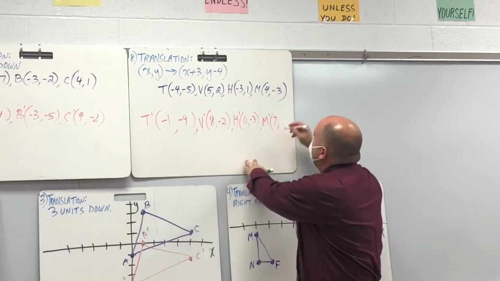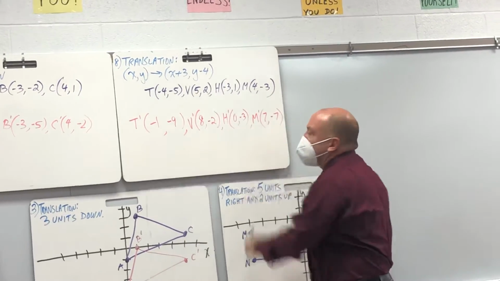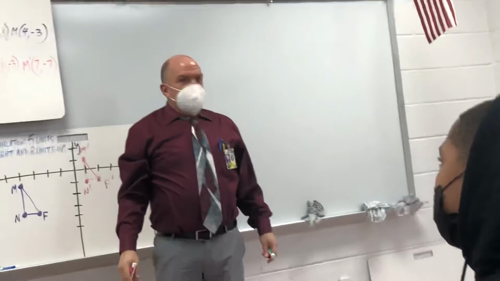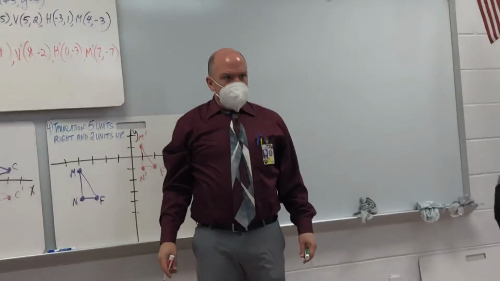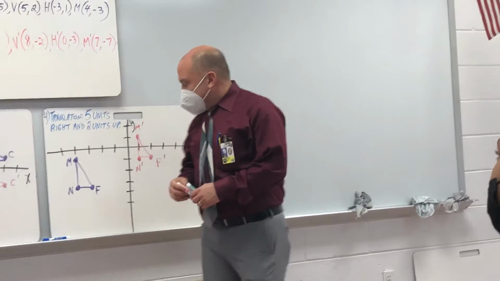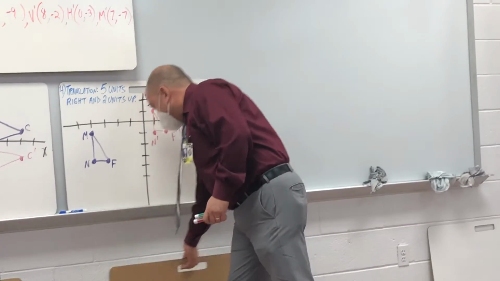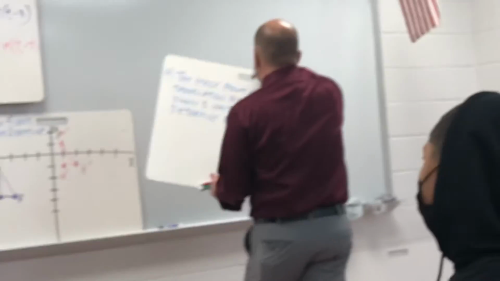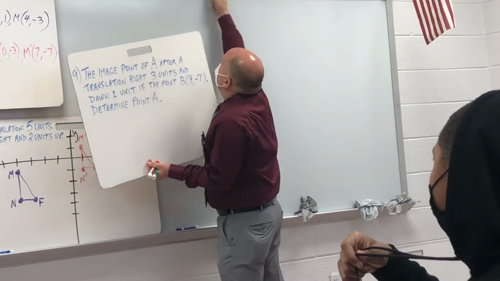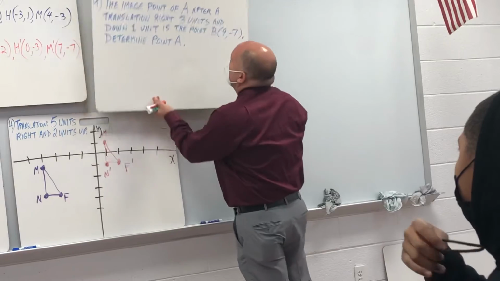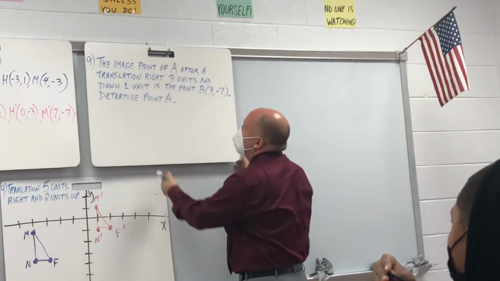What's negative 3 minus 4? Negative 7. I need an honest nod of the head. Are we good there? It's not hard, right? Okay. It just looks hard, but it's not. Don't let this mess with your head. Okay?